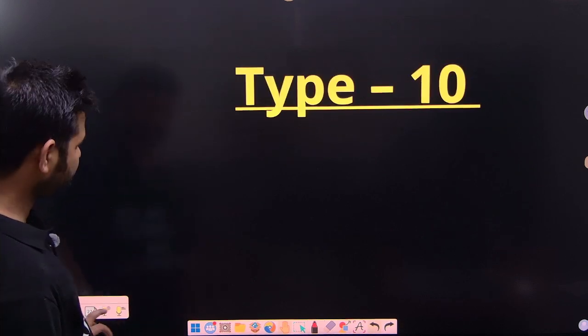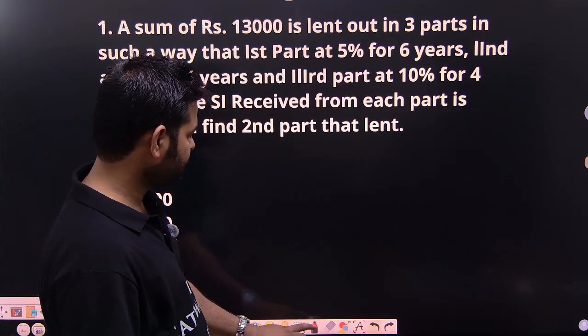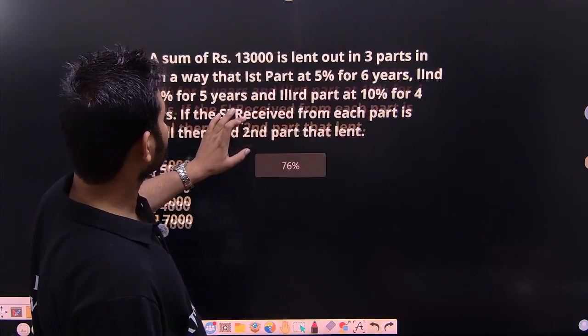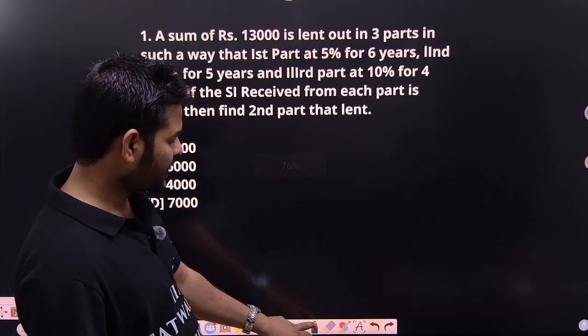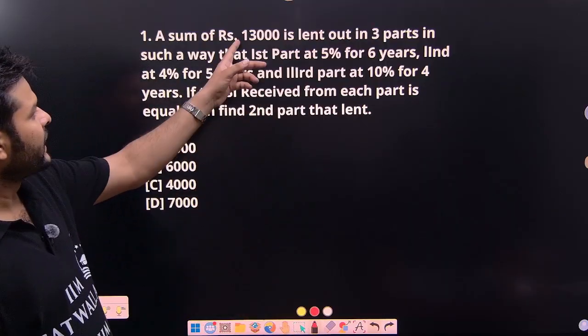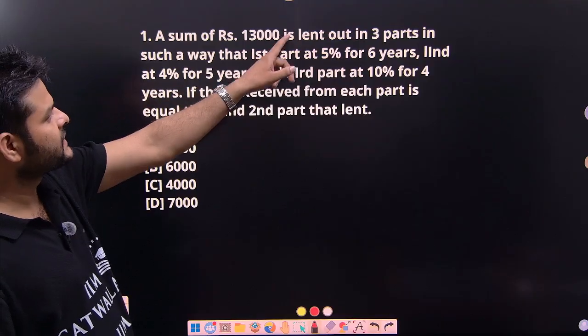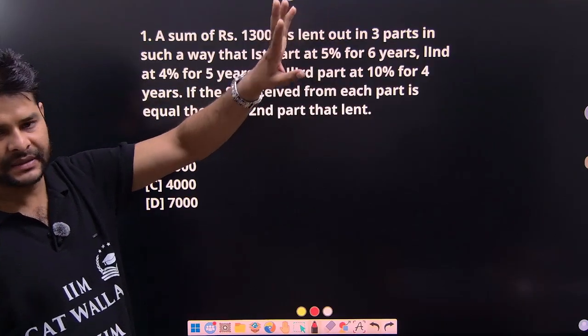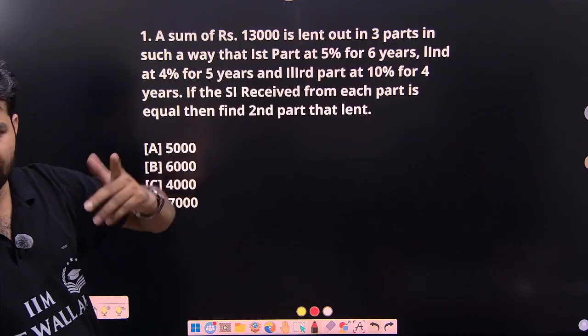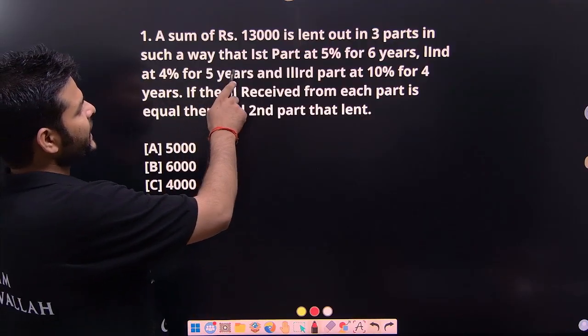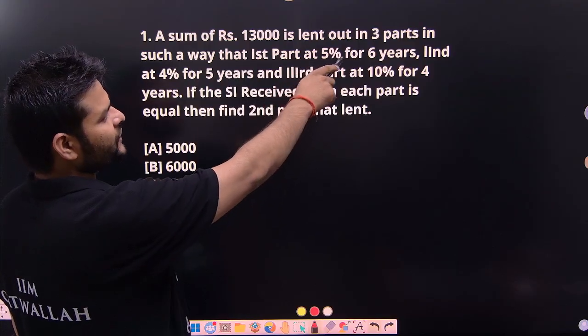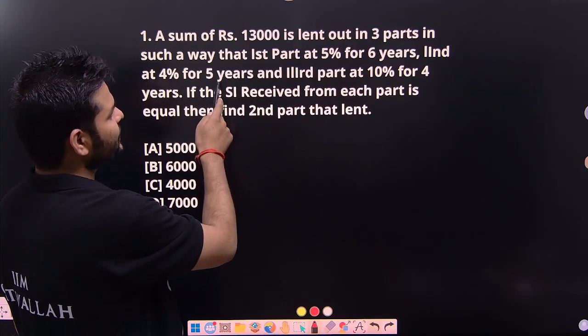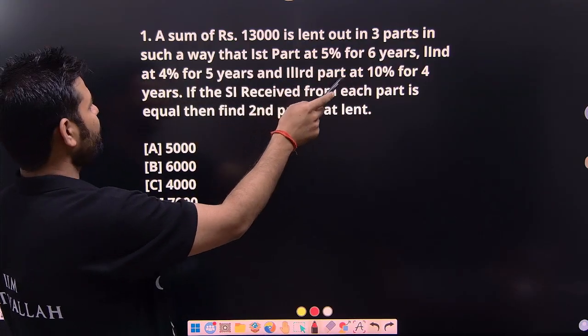Type 10. Guys, pay attention now. A sum of rupees 13,000 is lent out in 3 parts, P1, P2, P3, in such a way that the first part is at 5% for 6 years, the second part at 4% for 5 years, the third part at 10% for 4 years.